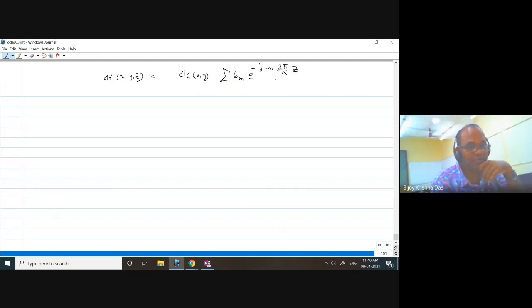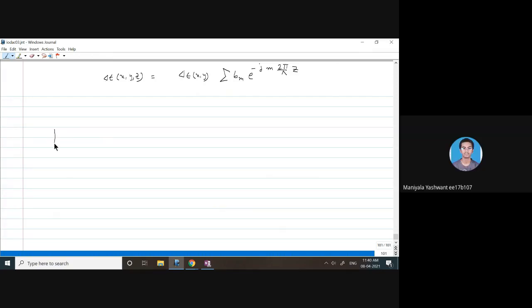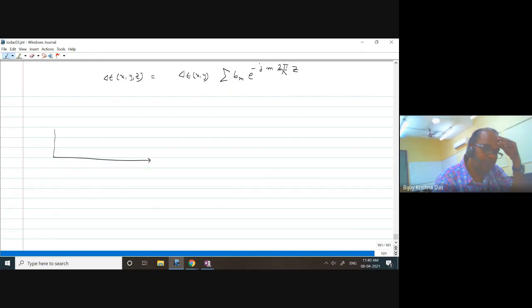Do you understand what type of perturbation this would be? It is a periodic perturbation. If you have a waveguide, this is your y, this is your x, and this is the cross section of your waveguide, say a deep waveguide in silicon on insulator.